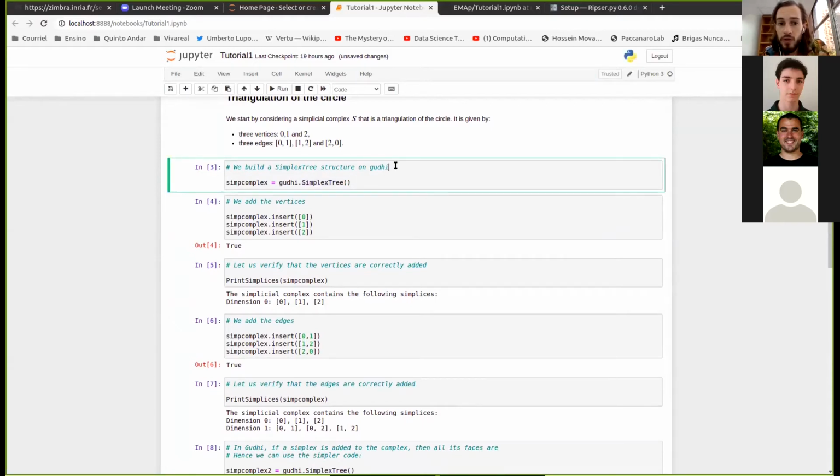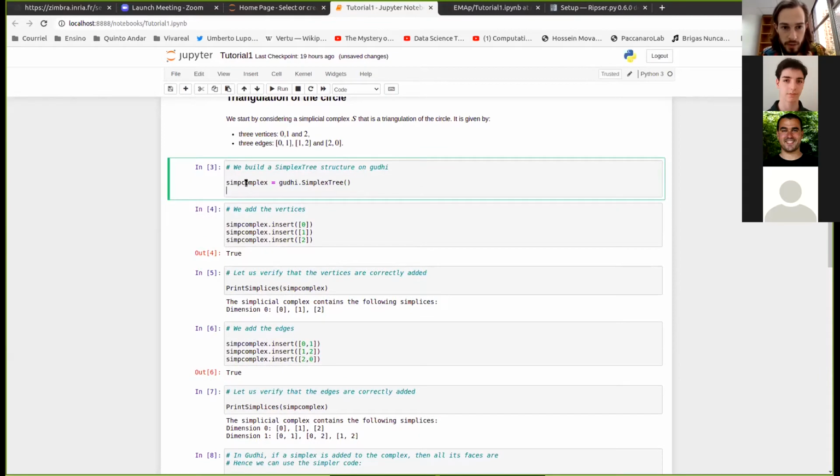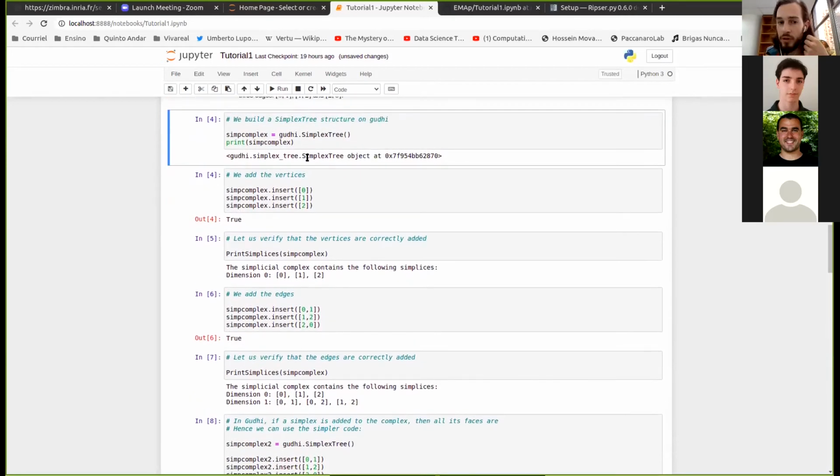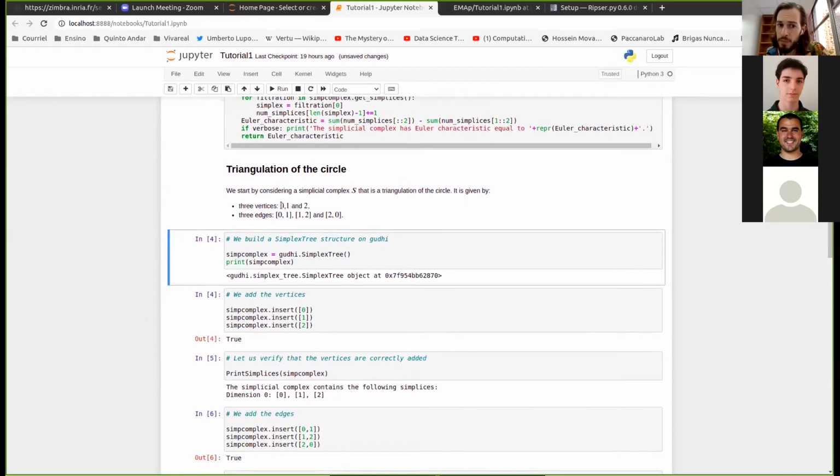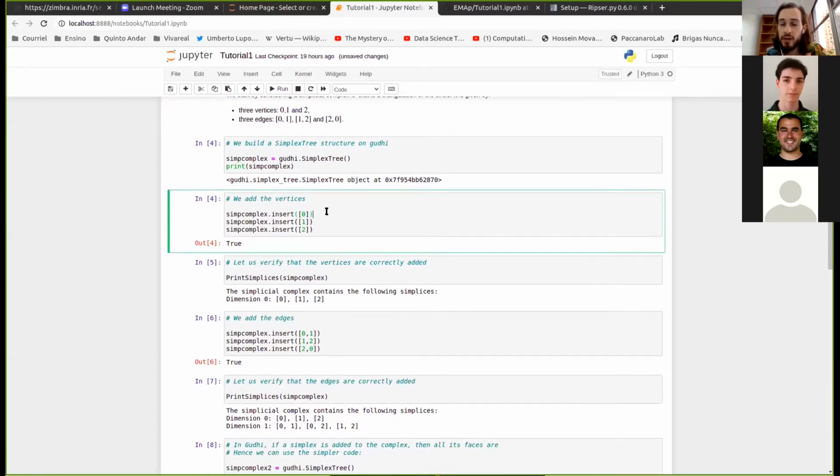So if I want to create a simplicial complex, I call Gudhi.SimplexTree, and this creates a structure. Then I will add one by one all the simplices of my triangulation of the circle. So I have 3 vertices, 0, 1, 2, and 3 edges, 0 1, 1 2, 2 0. I start by adding the vertices.